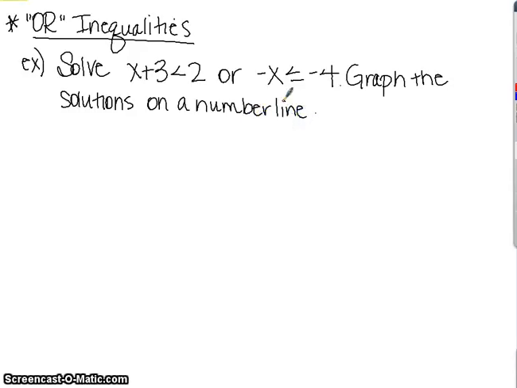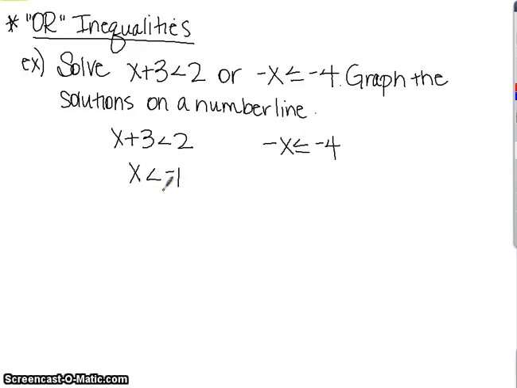Now these are already split up for us. So we can go right on ahead and solve them as if they were equations instead of inequalities. For this first one, I'm going to subtract 3 from both sides. So that gives us x less than, oops, not less than or equal to, just less than negative 1.